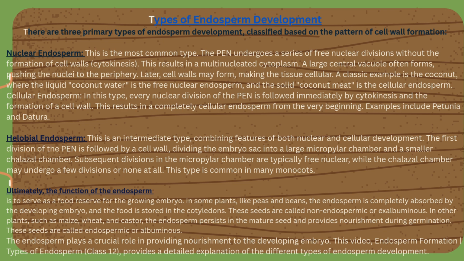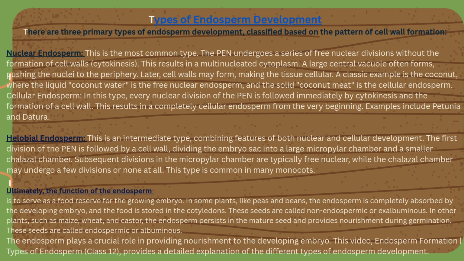Examples include petunia and Datura. Now the next one is helobial endosperm. It is an intermediate type combining features of both nuclear and cellular development.